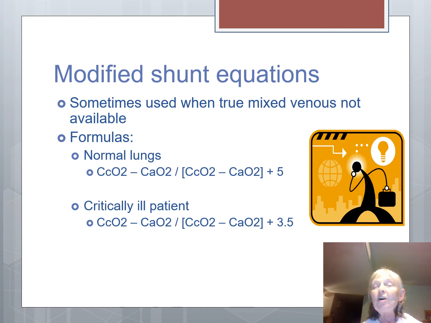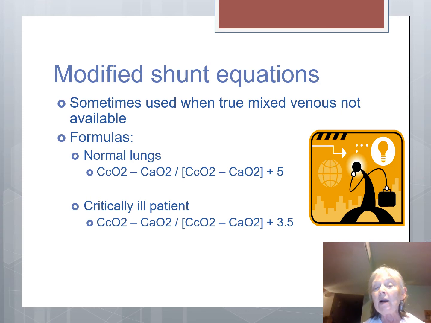For critically ill patients, especially with ARDS, we know that their lungs have some issues and we have a hard time making sure they're oxygenated as well as they need to be. Instead of the 5, we're going to use 3.5. In this case, we take the difference between the CcO2 minus the CaO2, add the 3.5, and then divide it into the CcO2 minus the CaO2.